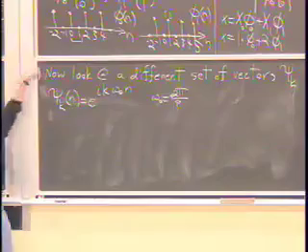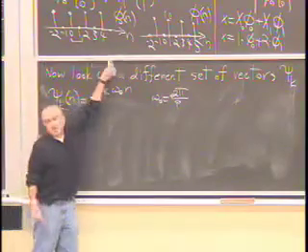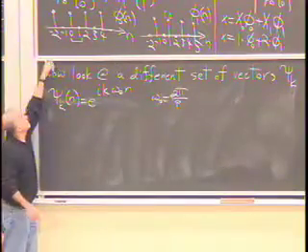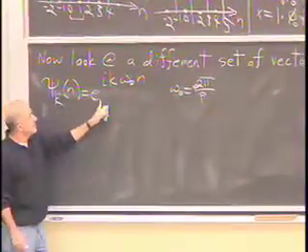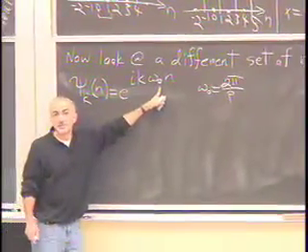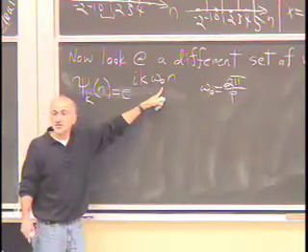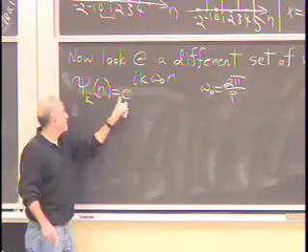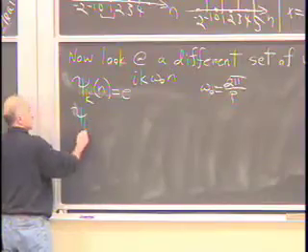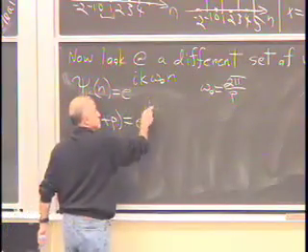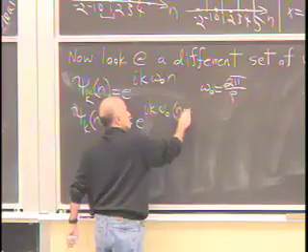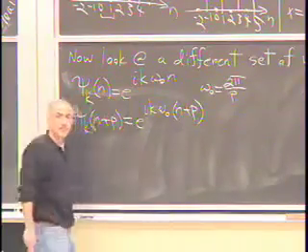Notice in the previous case, I created an impulse train with the same period as my original signal. This one, the way I've defined it, automatically has the periodicity built into it. If I change n with n plus p, what do I get?